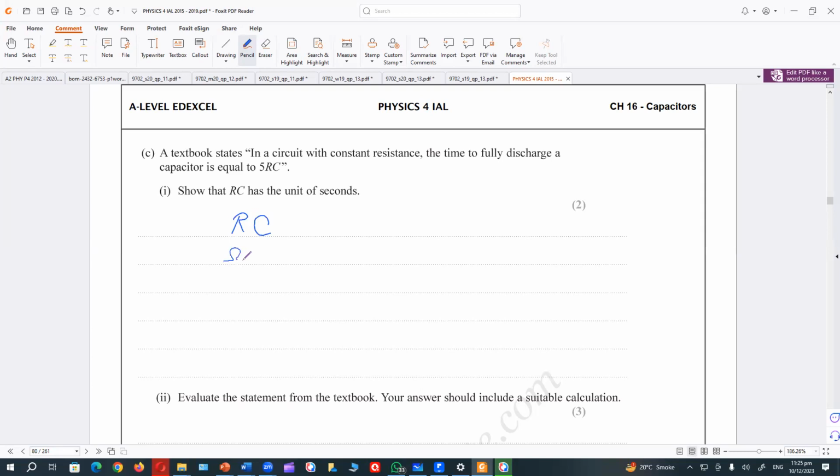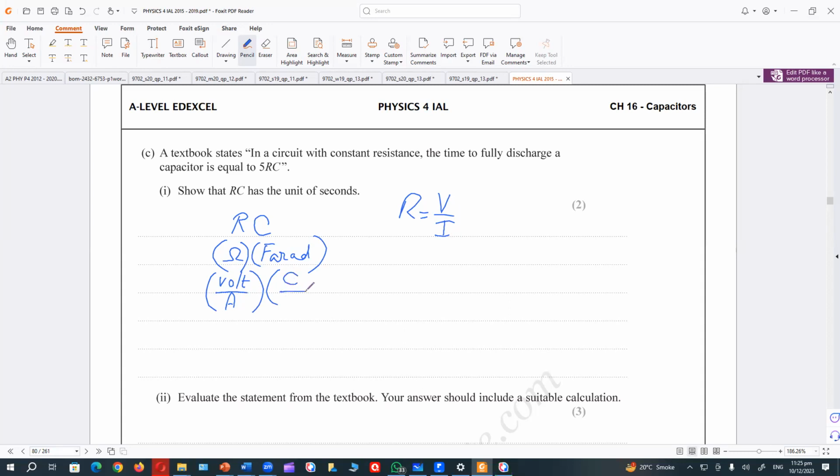R is resistance, ohm. C is capacitance, which means, what's the unit of C? R is V over I. Capacitance C is equal to Q upon V, so it's charge upon voltage.